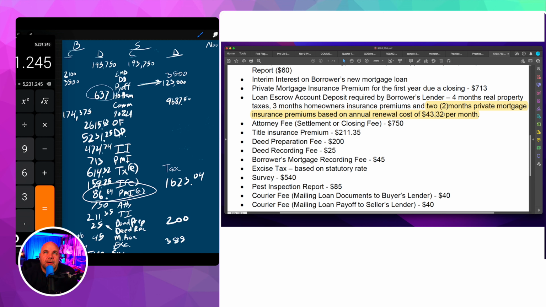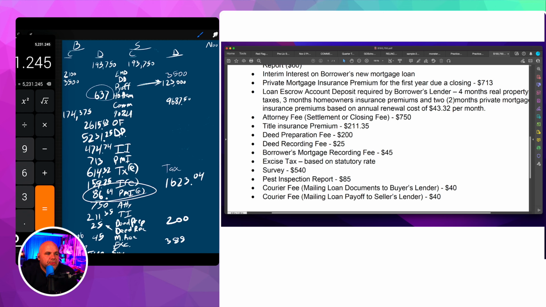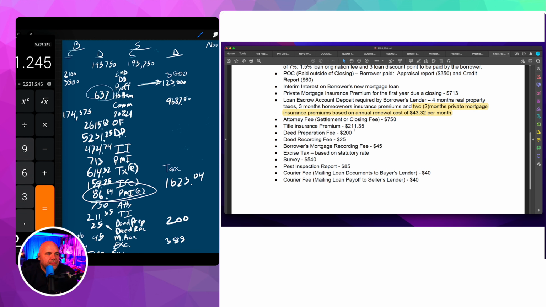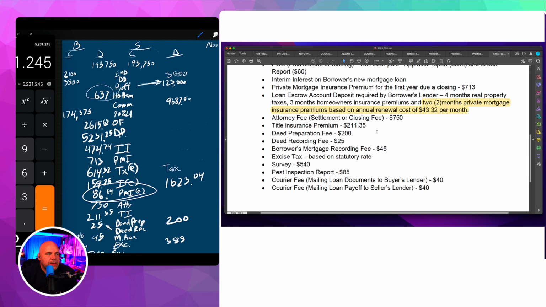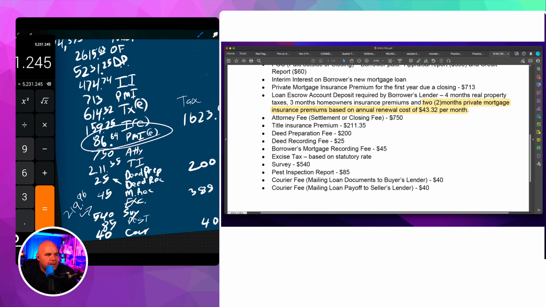Does that make sense? You're just following their instructions. But typically, if they don't give you it spelled out like this, you're going to need to take the premium if they give it to you divided by 12 like you did on those other tax and insurance ones. In this case, we just take that $43.32 multiplied by 2. The attorney fee, $750 is going to the buyer's side, debit.